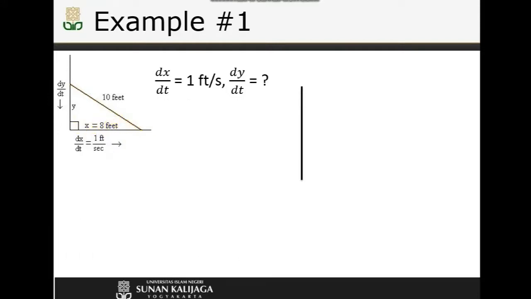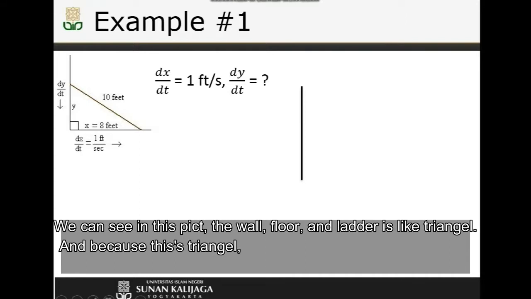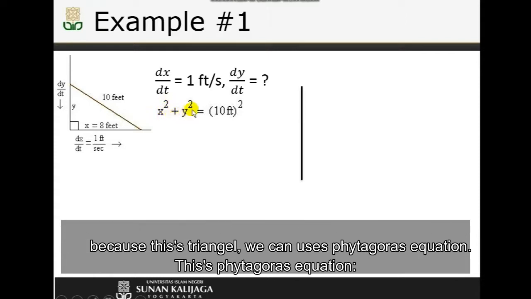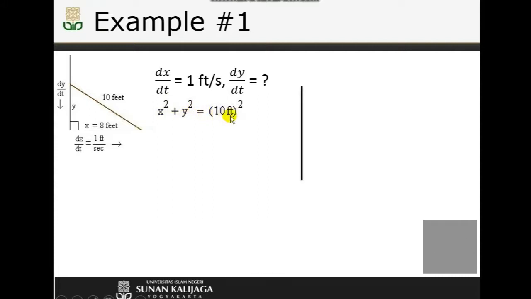You can see in this picture, the wall, the floor, and the ladder form a triangle. Because this is a triangle, we can use the Pythagorean equation. And this is the Pythagorean equation: x squared plus y squared equals 10 squared.